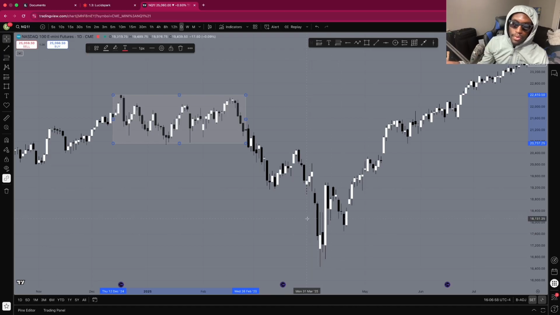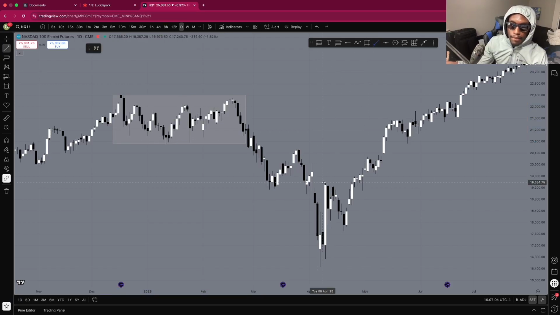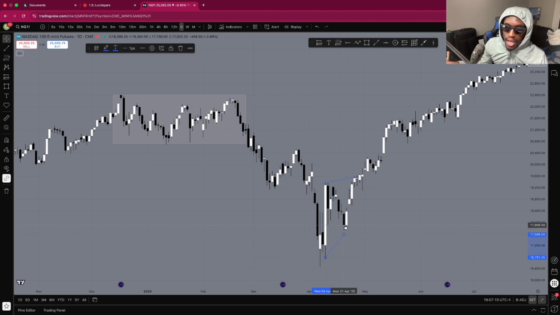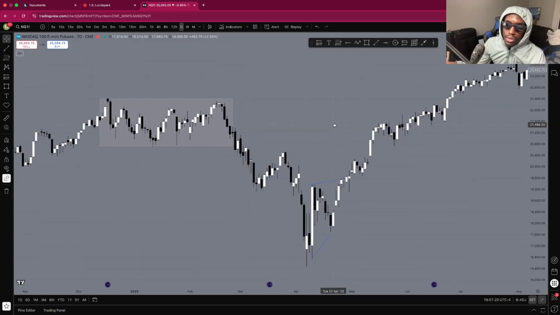And what happened? Higher high right here, breaking above this high. Higher low right here. This would just be our first sign of the market switching from a downtrend to an uptrend. So we're just using this to see where the market is overall going.